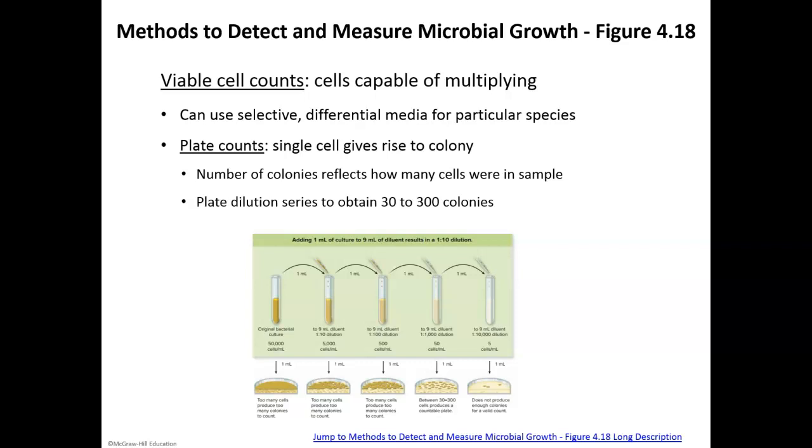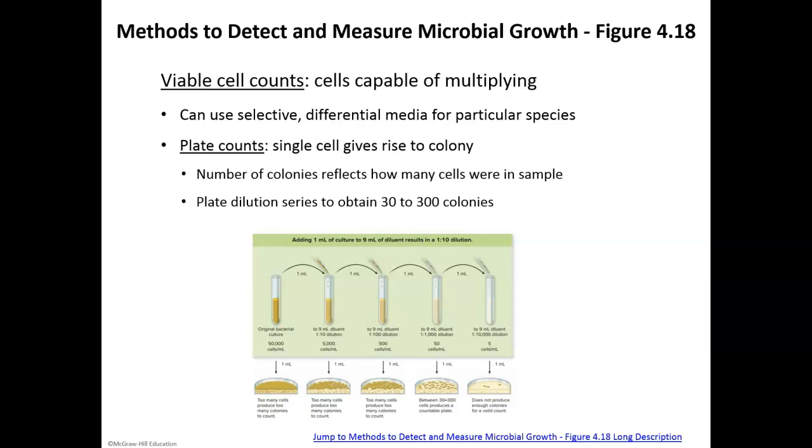And using viable cell count, we are going to take and continue to dilute a sample multiple times until we have about a 1 in 10 dilution. We then plate the bacteria, and the idea is the initial plate is going to be very, very dense with bacteria.